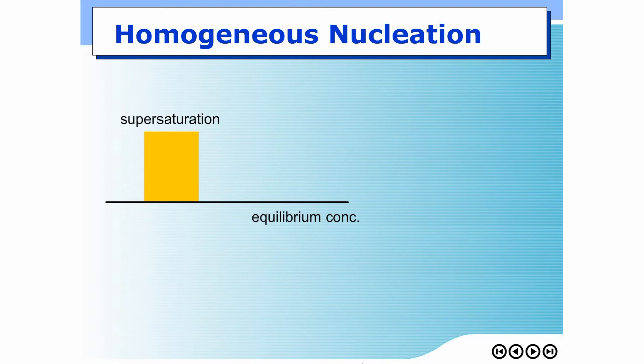Now, if I plot the concentration of the solution before nucleation, this diagram shows you that the concentration of the solution is higher than equilibrium concentration, or higher than solubility. That's why we call it supersaturation. Okay? So, as I said, we want supersaturation level to be higher. So we want to increase this level.